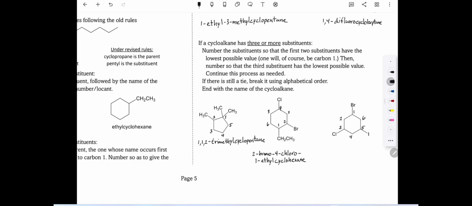So this compound is 1-bromo, 3-chloro, running out of space, so I'll go to another line, 5-iodo, and again, cyclohexane.